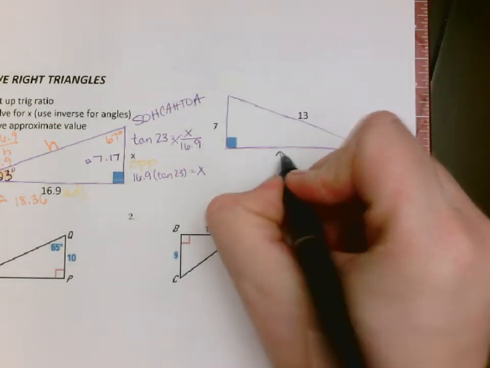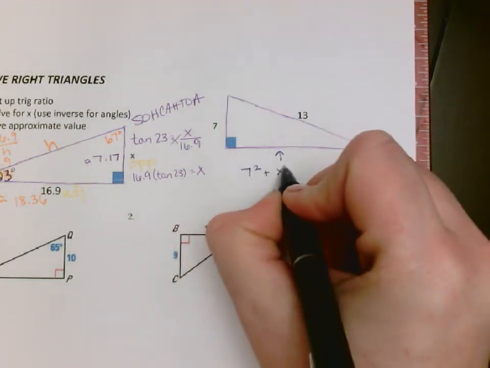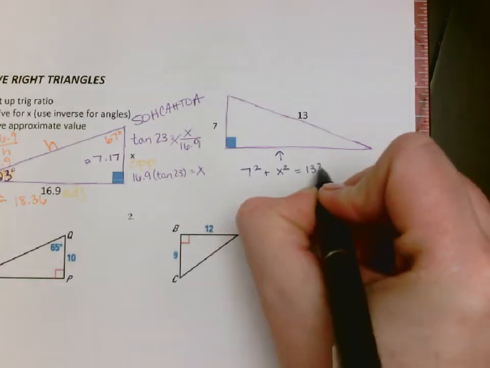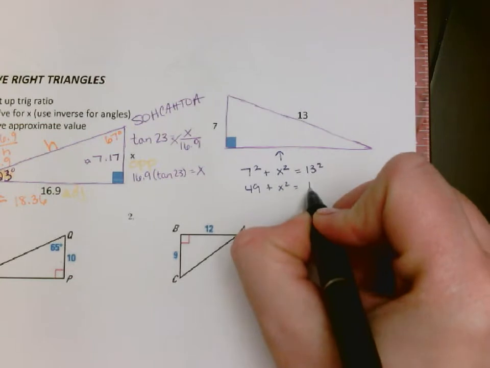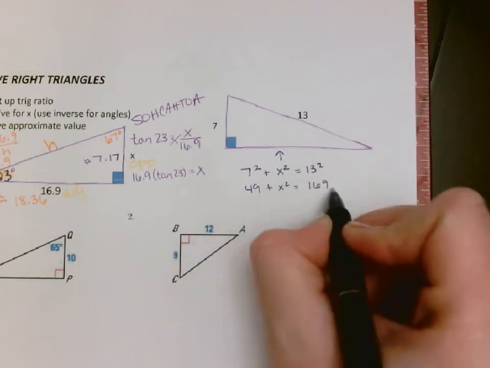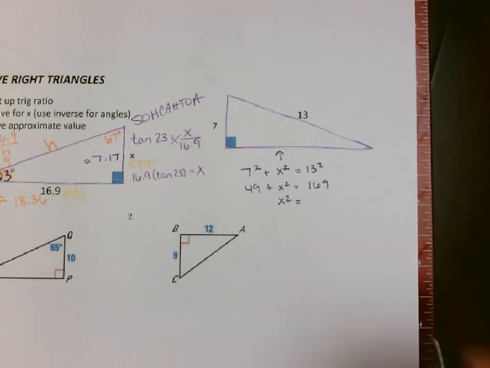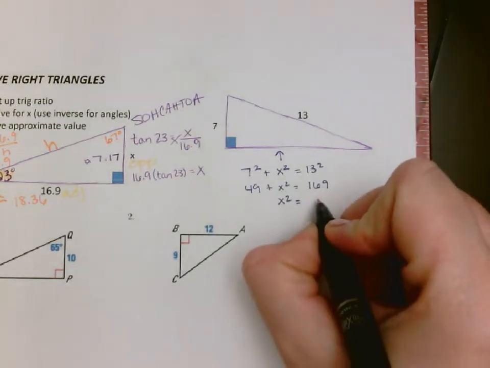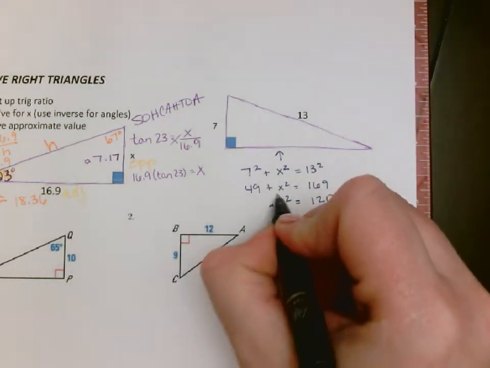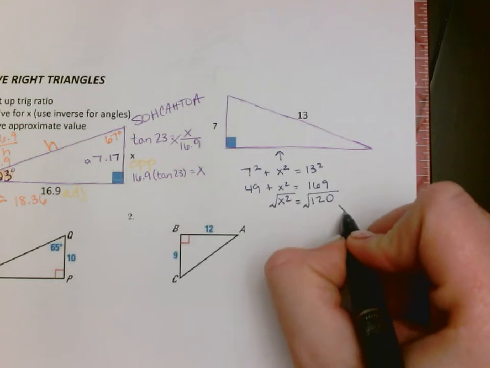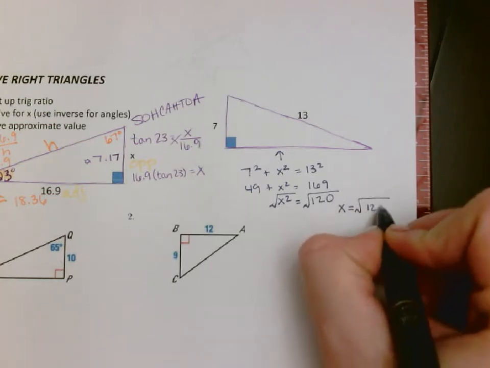So this length here, I would go 7 squared plus x squared equals 13 squared. 49 plus x squared equals 169, minus 49, x squared equals 120. Take square roots. x is equal to the square root of 120.